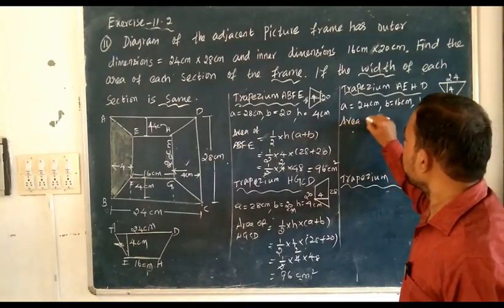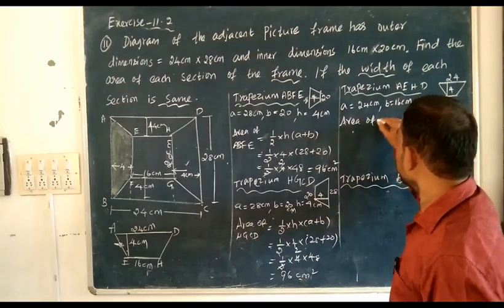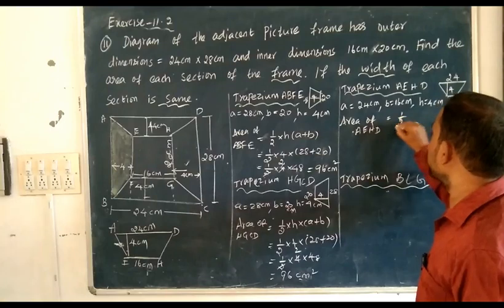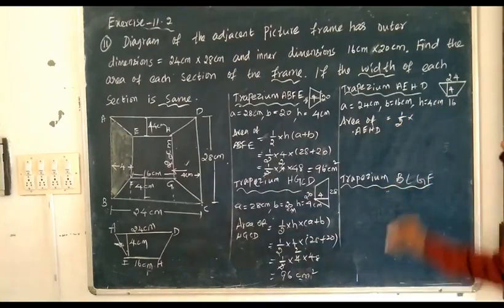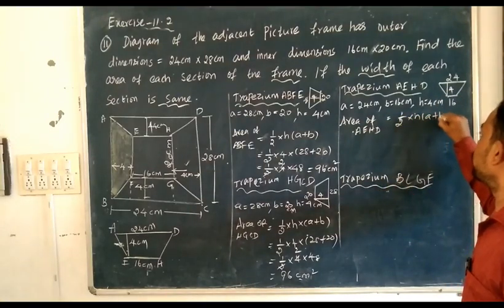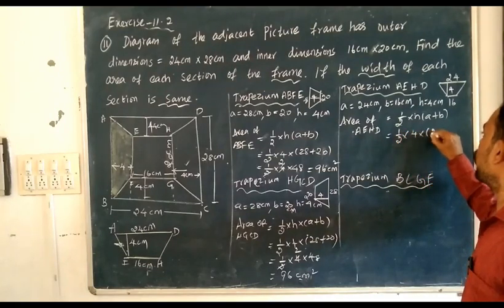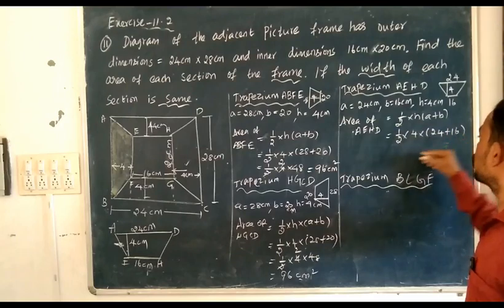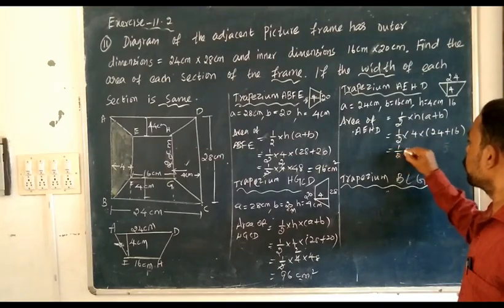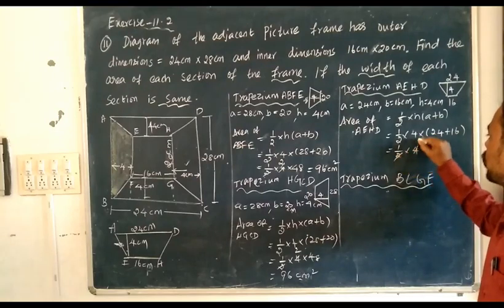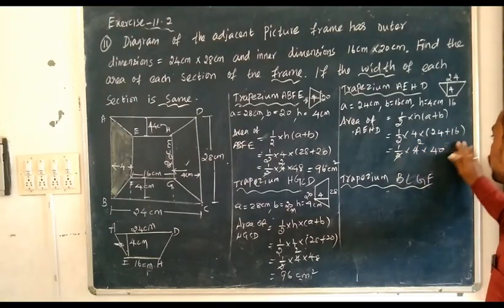So area of trapezium AEHD equals 1 by 2 h into a plus b. So 1 by 2 into 4 into 24 plus 16, that is 40. So you can get 80.